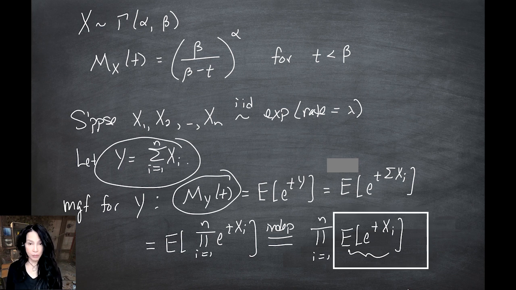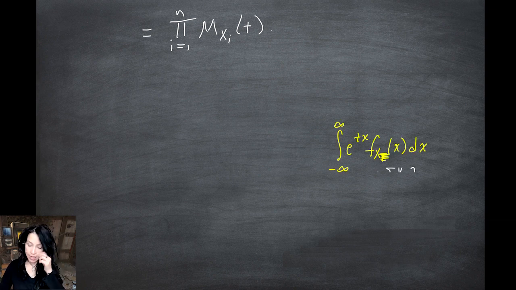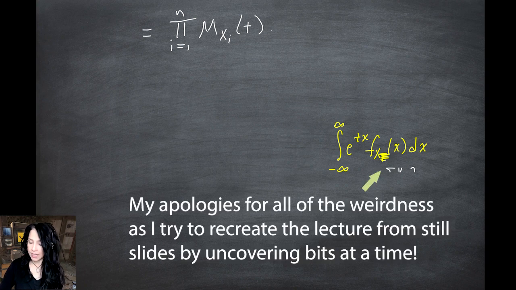And this is the moment generating function for xi. So this is going to be the product as i goes from 1 to n of the moment generating function for xi of t. But how do you find the moment generating function for xi? You have to integrate. You're going to have to integrate, if it's exponential, say, or anything. You're going to integrate from minus infinity to infinity, e to the tx times the PDF.